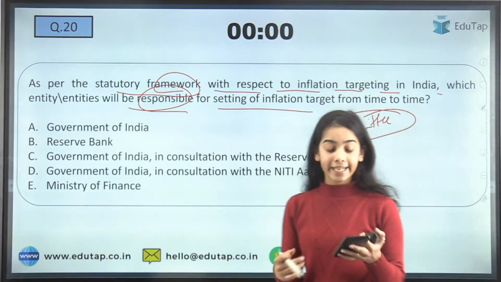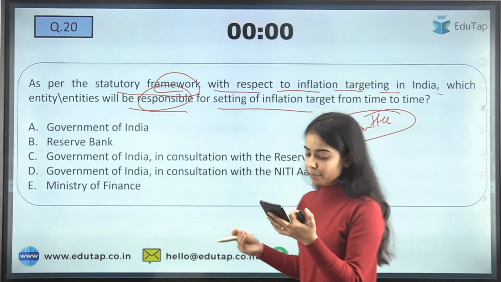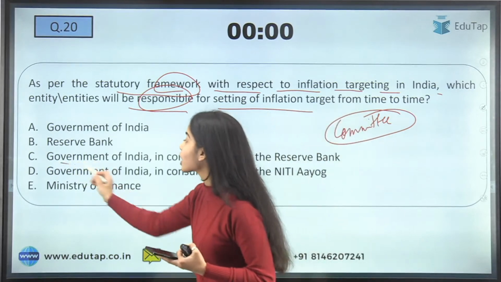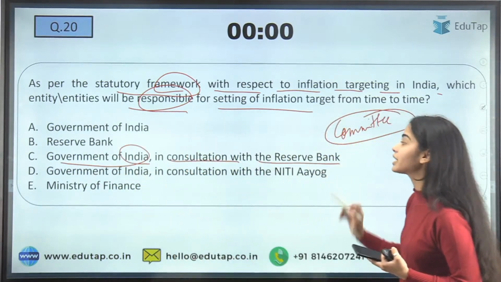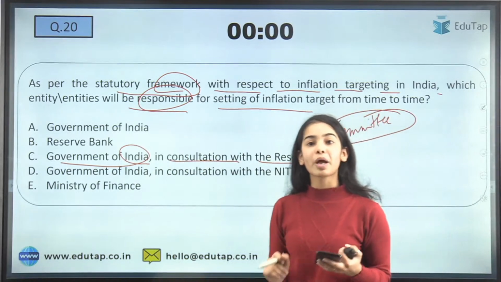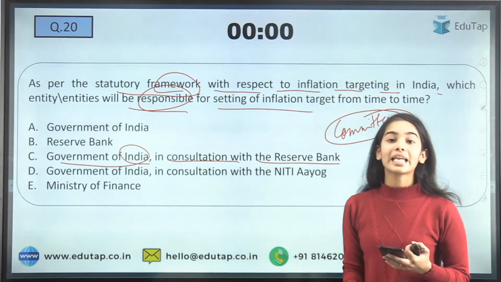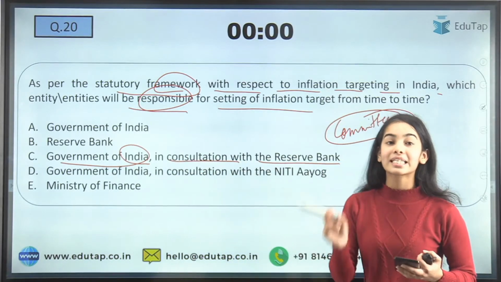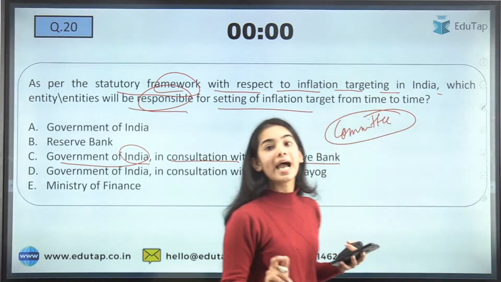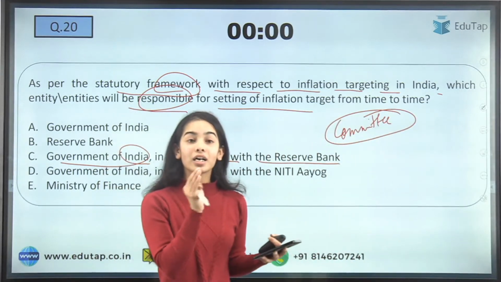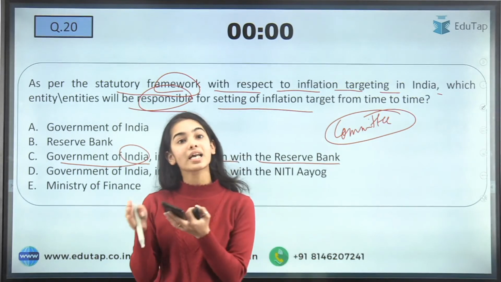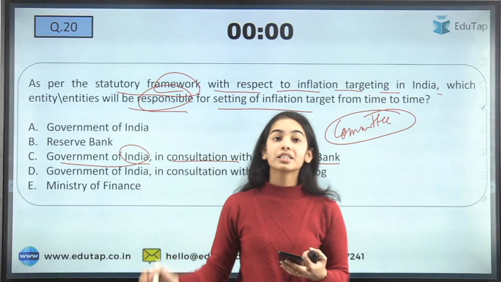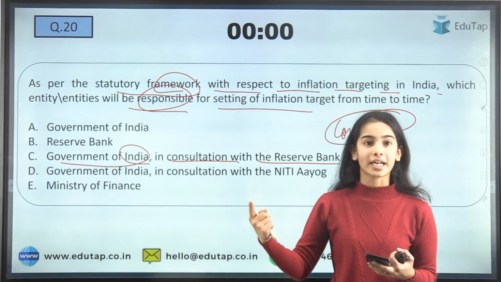Anupma, Suraksha, Tekken Games, and Agnik, Amit, they are giving the right answer. It is the Government of India in consultation with the Reserve Bank of India. If you must remember which is the committee, then it is the Monetary Policy Committee that sets the inflation target. In the Monetary Policy Committee, there are government members and there are RBI members, and the RBI governor is the head of that committee.